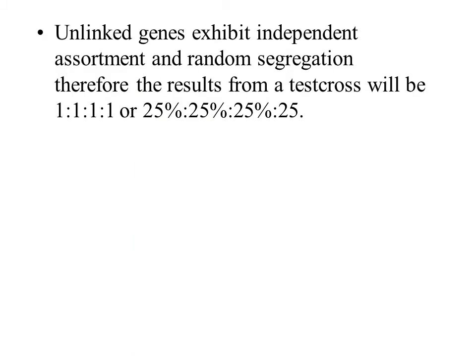So unlinked genes exhibit independent assortment and random segregation. Therefore, the results from a test cross will be 1 to 1 to 1 to 1, or 25%, 25%, 25%, 25%.